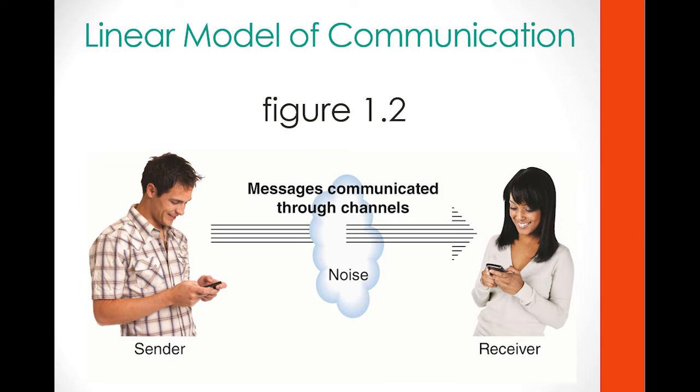A channel is the sensory dimension or dimensions along which that message is sent. The sender or senders of the message is the individual or individuals who generate the information to be communicated, package it into a message, and choose the channel for sending.